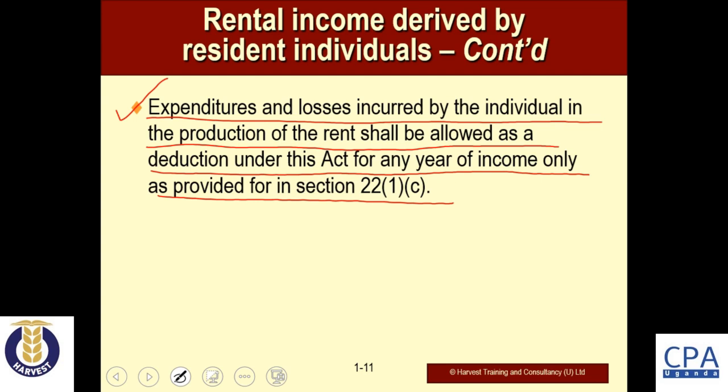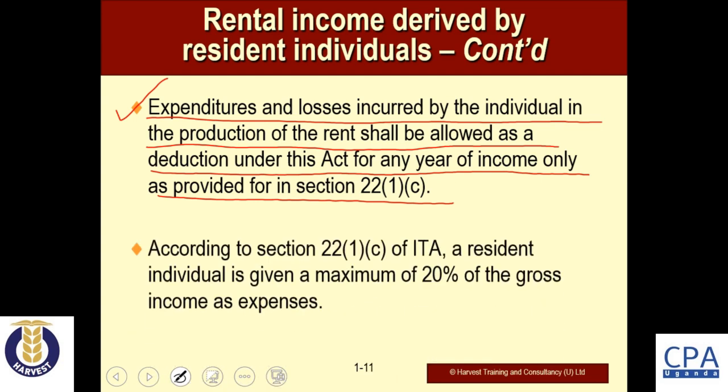Of course, you have to refer to Section 22, subsection 1 of the Act, and we bring that section here so that you don't struggle looking for it. According to that section, you as a resident individual are going to be given a maximum of 20% of the gross income as expenses.